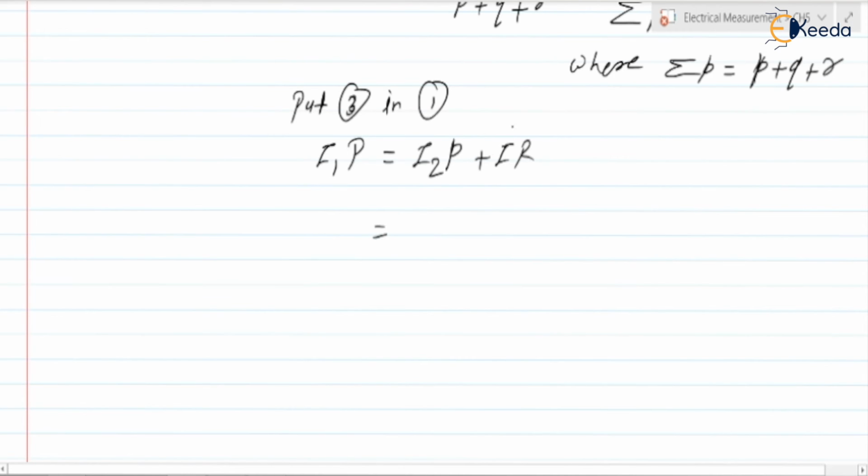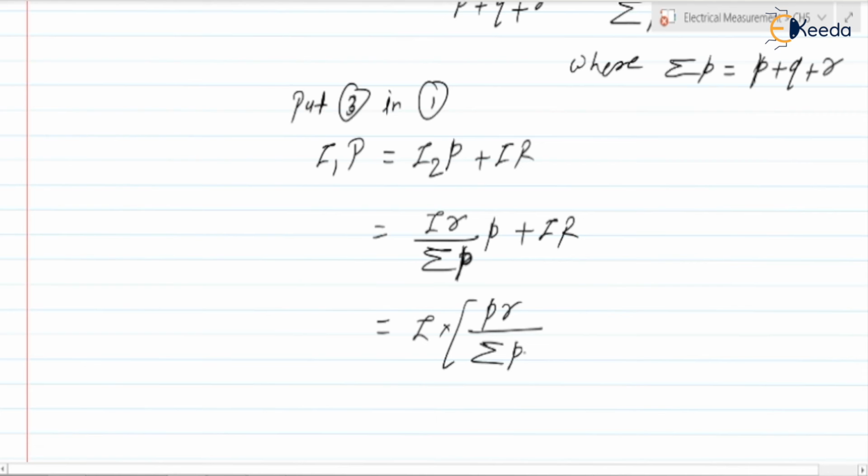Replace this I2 with I into R upon summation P, into this p as it is, plus IR. Taking I common, I1 into P is equal to I into, P into R upon summation P plus R. Consider it as equation number 4.